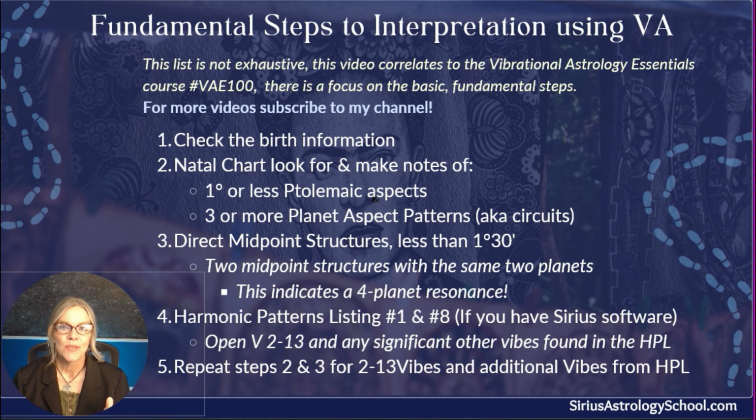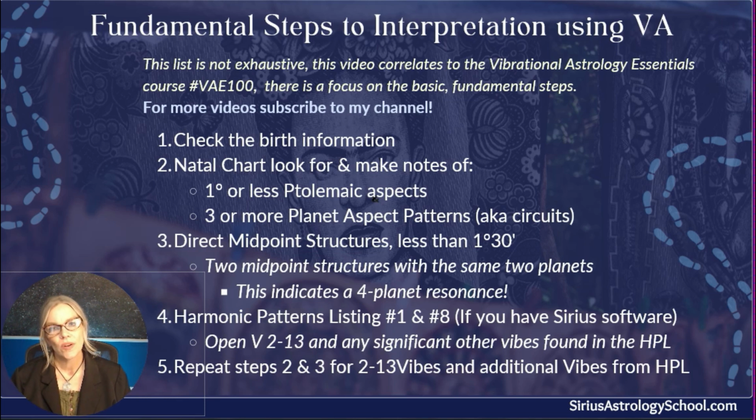So the second thing we do after we pull up the natal chart is we make notes of these things. First is Ptolemaic aspects that are a degree or less. If you're already familiar with astrology, that might sound like, wow, only a degree? Yeah, only a degree, because we want to see things that are really tight.